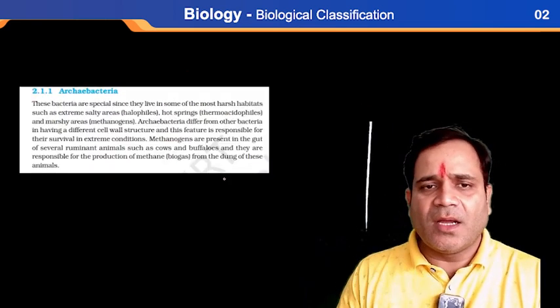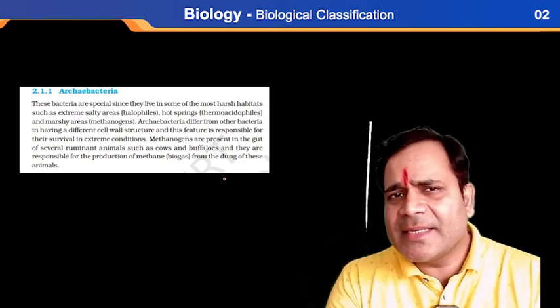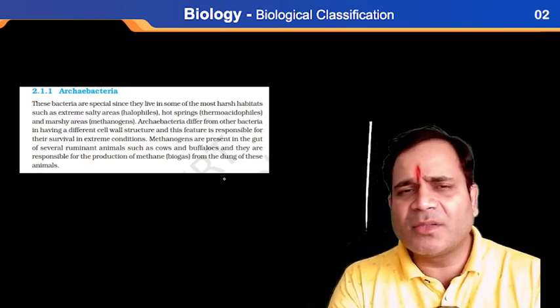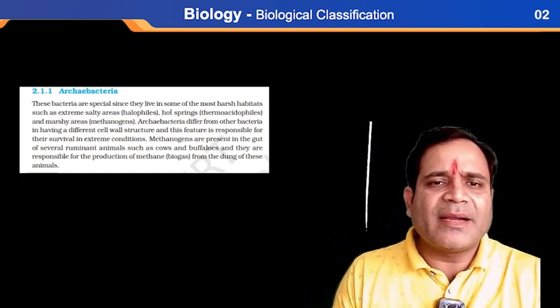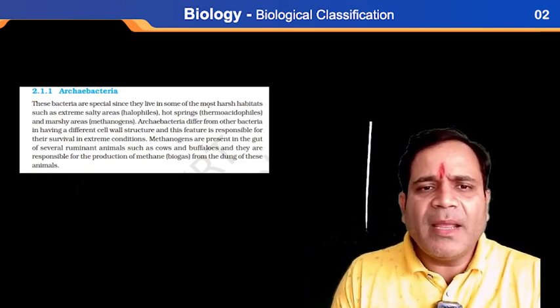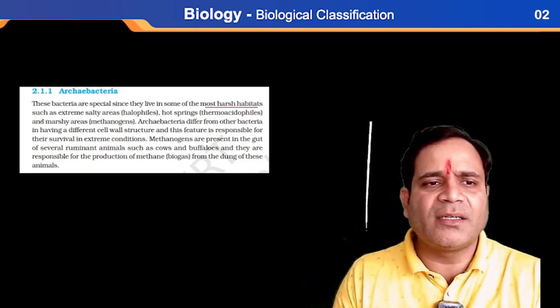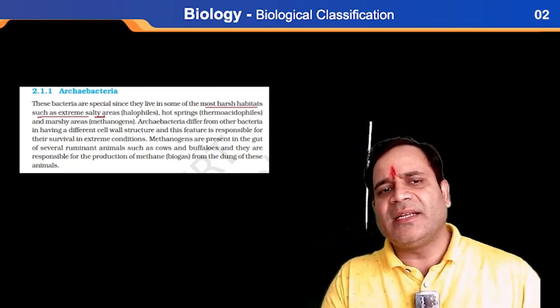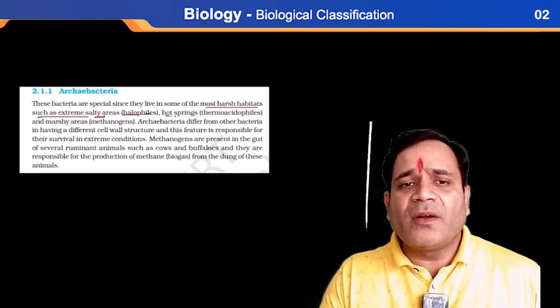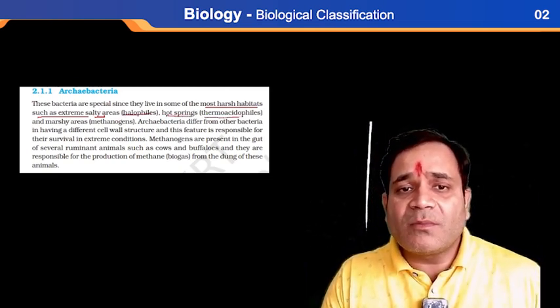Okay. Now see what is given about Archaebacteria. There are some points given in NCERT. Archaebacteria are mainly found in the Earth's harsh habitats, such as extremely salty areas. They are present in extremely salty areas, that is halophiles. If they are found in hot springs, then they are known as thermoacidophiles.